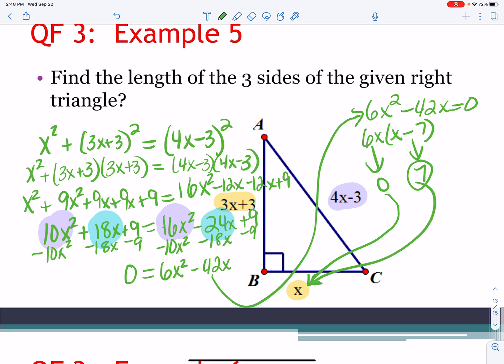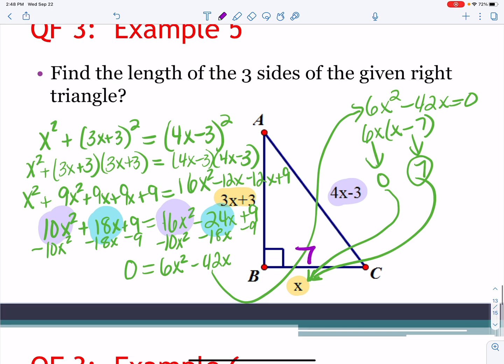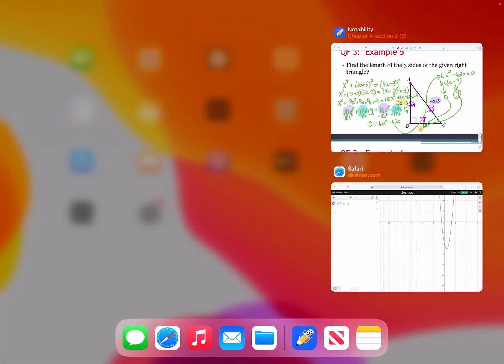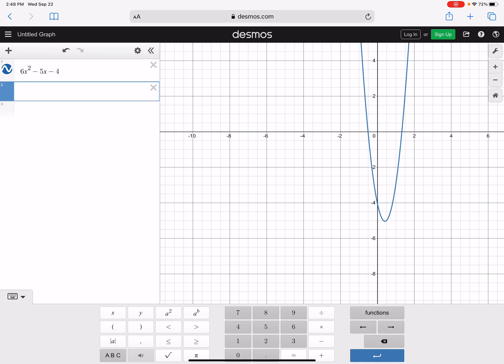So this side, I'm going to use a different color so you can see it, would be 7. This side would be 7 times 3, so that's 21. 21 plus 3 is 24. And then this side would be 28 minus 3, which is 25. If I took my calculator and did 7 squared plus 24 squared, it's 625.